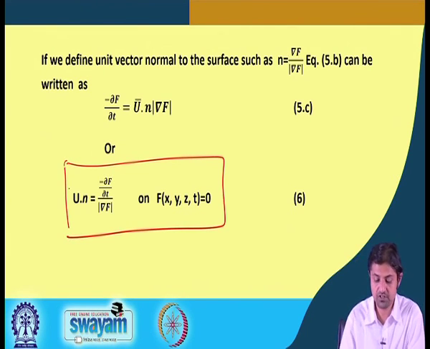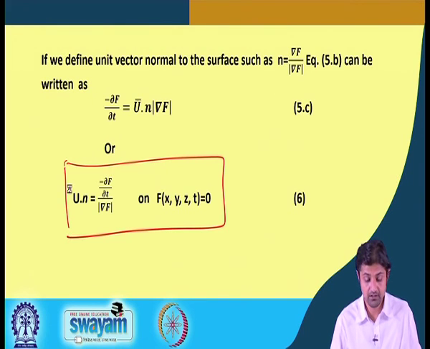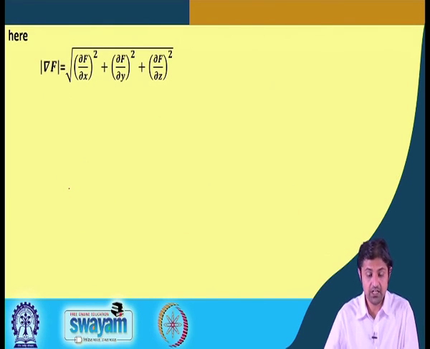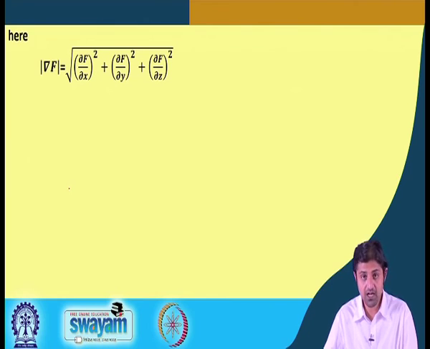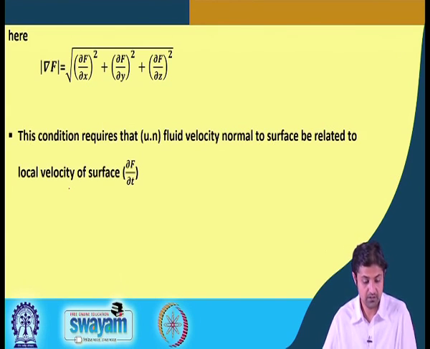u is a vector and n is a normal vector. Here |∇f| is simply the square root of (∂f/∂x)² + (∂f/∂y)² + (∂f/∂z)².